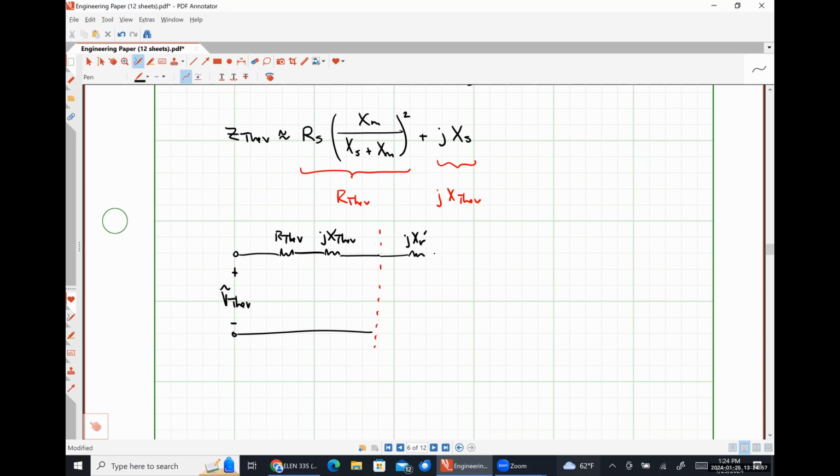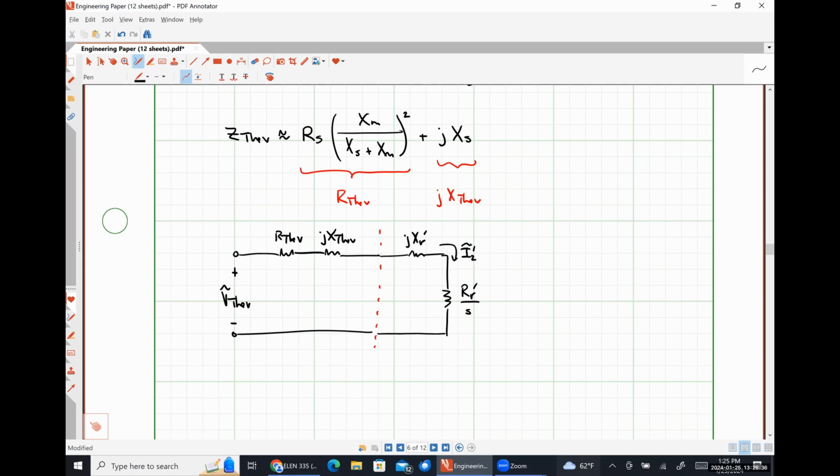Our rotor reactance referred to the stator in series with our rotor resistance referred to the stator. This is our current I2 prime, like so. I feel pretty strongly that we can analyze this really easily because it's just two impedances in series from here on out, right?